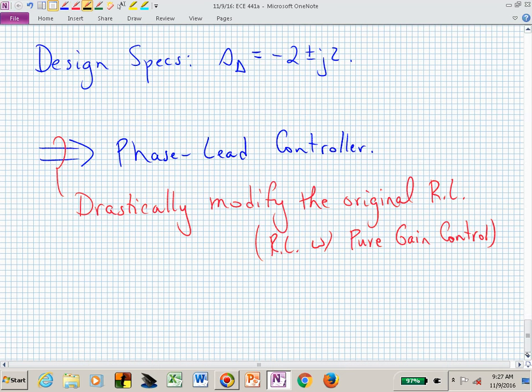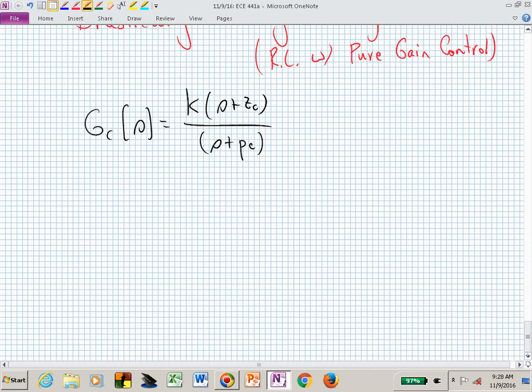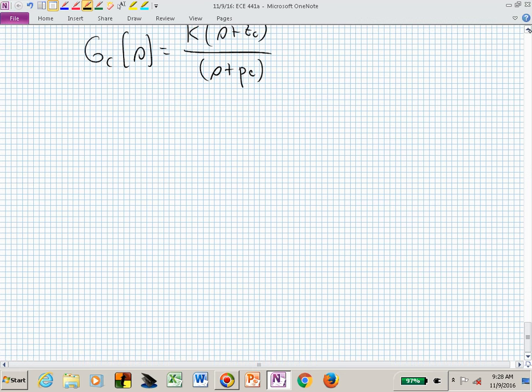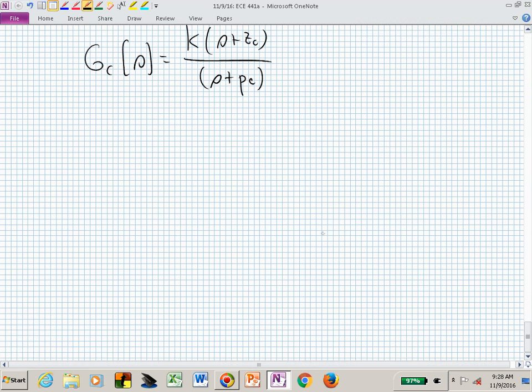Or we now want to change G sub C from just a gain to being K, S plus Z sub C over S plus P sub C, with the intent that what we're trying to accomplish is the following.